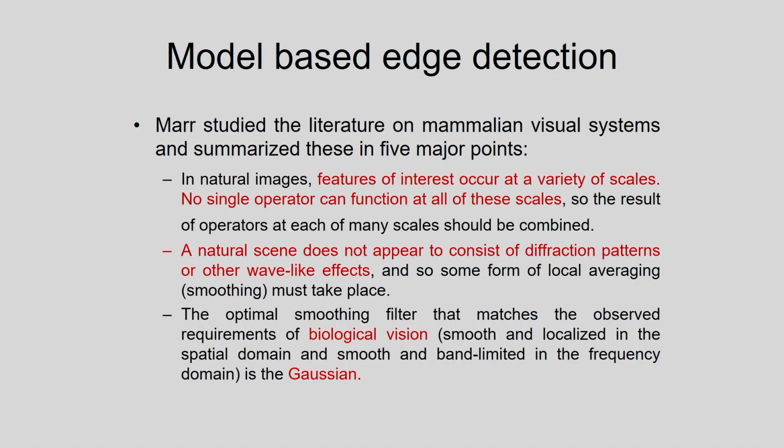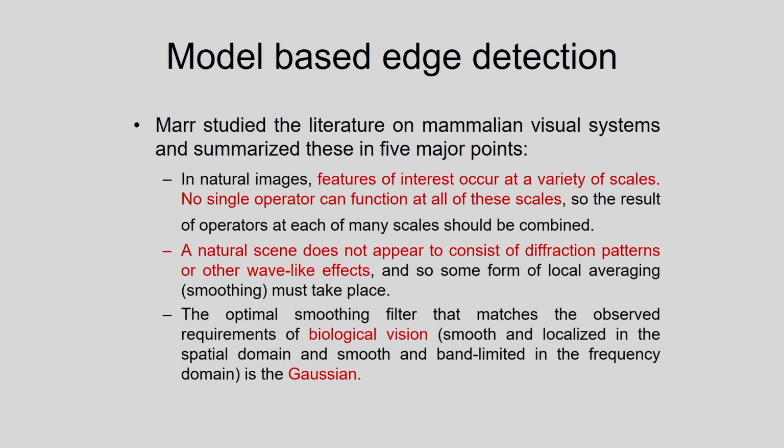Today I am going to discuss the model based edge detection techniques, and as I already mentioned, this is mainly based on the observations by David Marr of the mammalian visual system, that is, biological vision. Let us see what the model based techniques are.